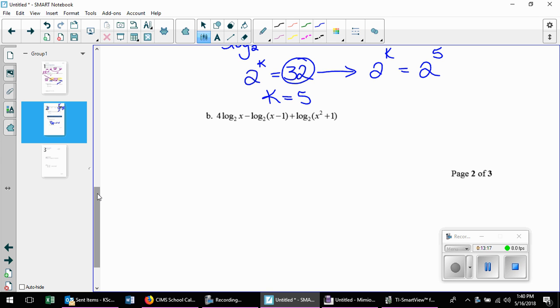Okay, this one's a little bit more complicated. So we have subtraction, and we have a power. It might be easier to do this: log base 2 of x to the exponent 4 minus log base 2 of x minus 1 plus log base 2 of x squared plus 1.